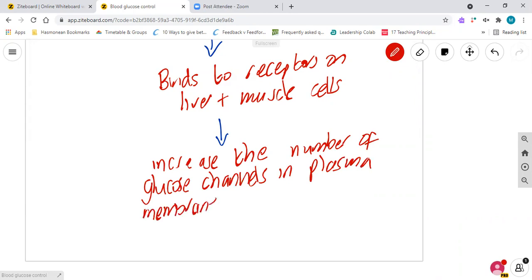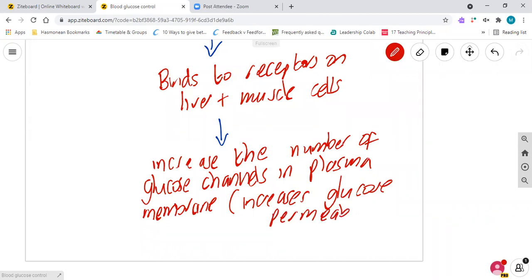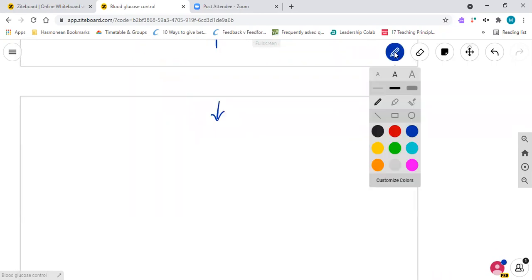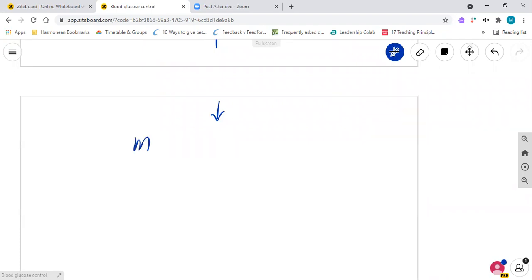In other words, it increases glucose permeability. So the cells are now more permeable to glucose. As a result, more glucose is taken up by the cell.